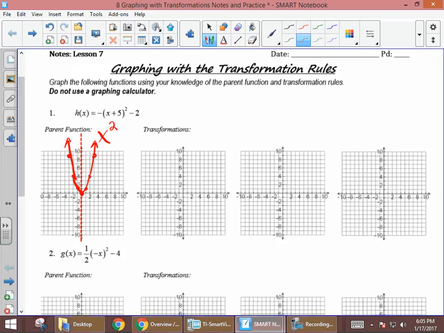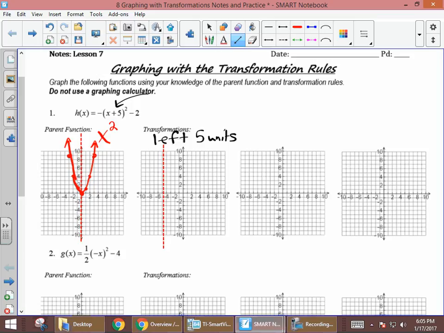So the first transformation that happens is we have plus 5, which means we are going to go left 5 units. So that will move our axis of symmetry to -5.